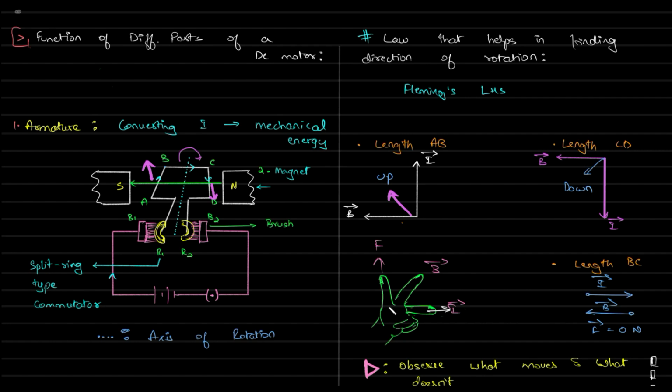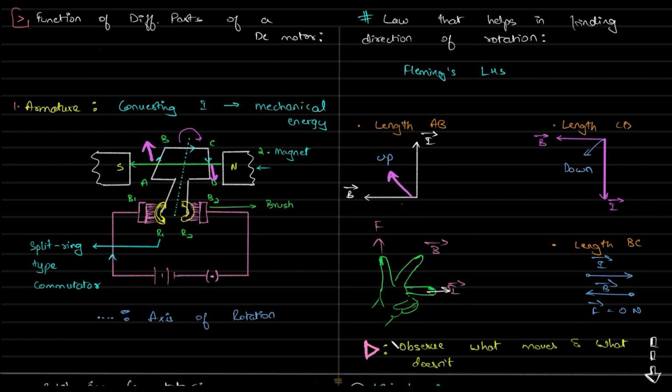Right? So now what you guys can do is observe the video, the experiment again. Watch what exactly will rotate. Is the brush and the ring rotating or not? Observe that, and then we'll continue with the functions that are displayed by different parts of a DC motor.